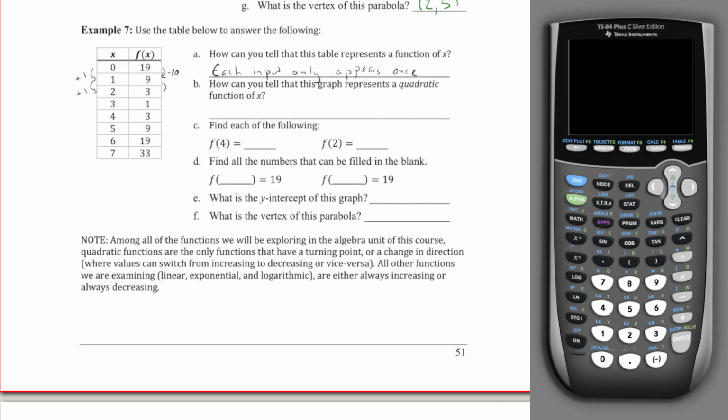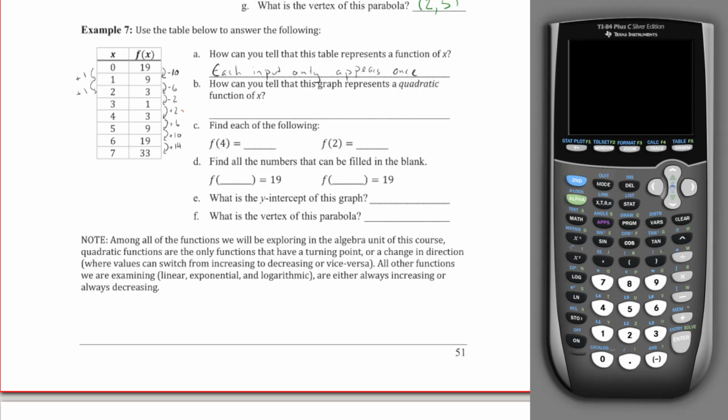So we decrease by 10, decrease by 6, decrease by 2, increase by 2, increase by 6, increase by 10, increase by 14.